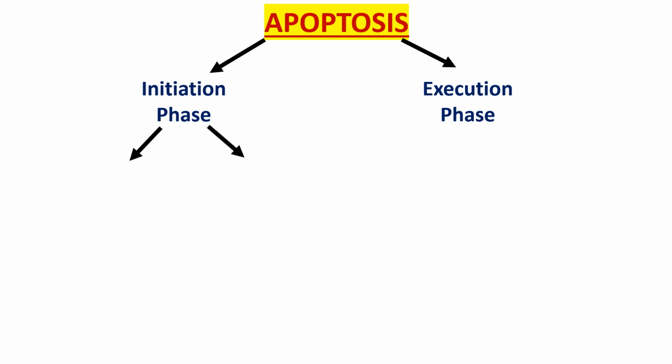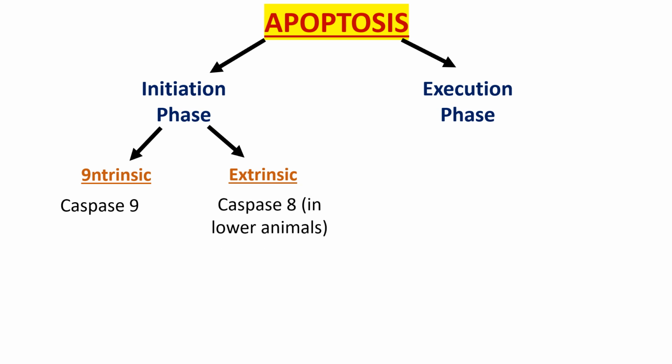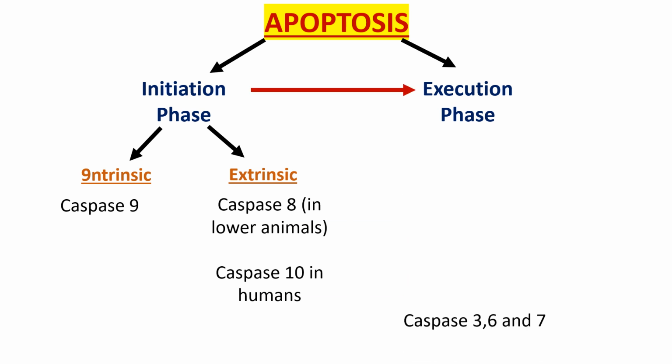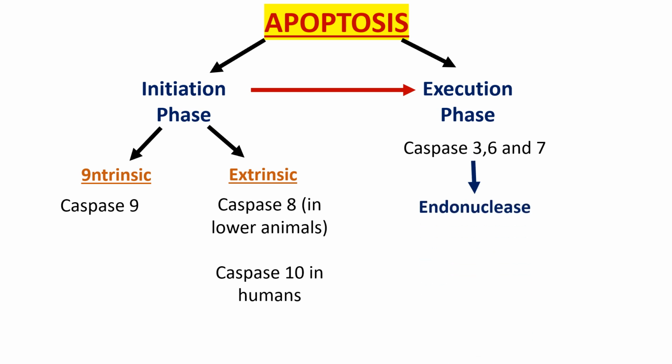In the initiation phase we have the intrinsic pathway and the extrinsic pathway. In the intrinsic pathway we have caspase 9, in the extrinsic pathway we have caspase 8 in lower animals and caspase 10 in humans. In the execution phase we have caspases 3, 6 and 7 that will activate endonucleases, and ultimately these endonucleases will cause chromatin condensation. So this is the whole of apoptosis.